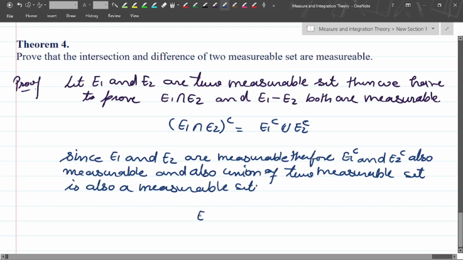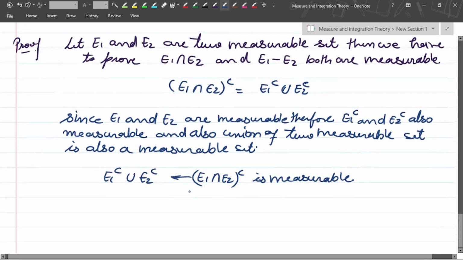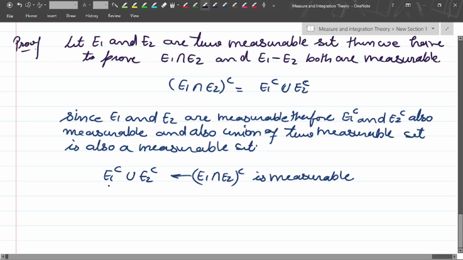Then (E1 intersection E2) complement is measurable, because it is nothing but E1 complement union E2 complement. Now see, this is a measurable set, this is a measurable set, then the union of two measurable sets is again a measurable set.